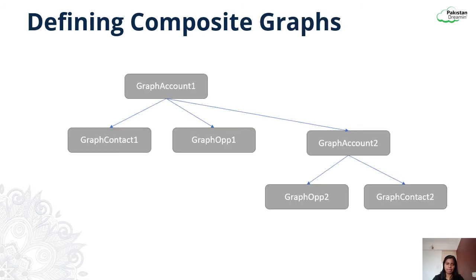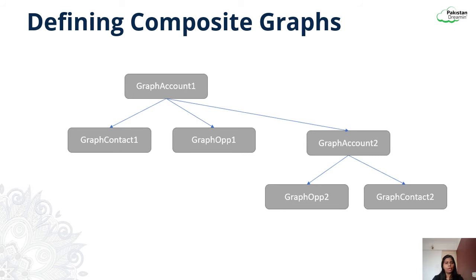This is another example. You can see that there is graph account 1, which is having graph contact 1 as a child, graph opportunity as another child, and graph account 2. So you can see that account 1 is a parent and account 2 is a child, which is again having an opportunity and contact related to it.